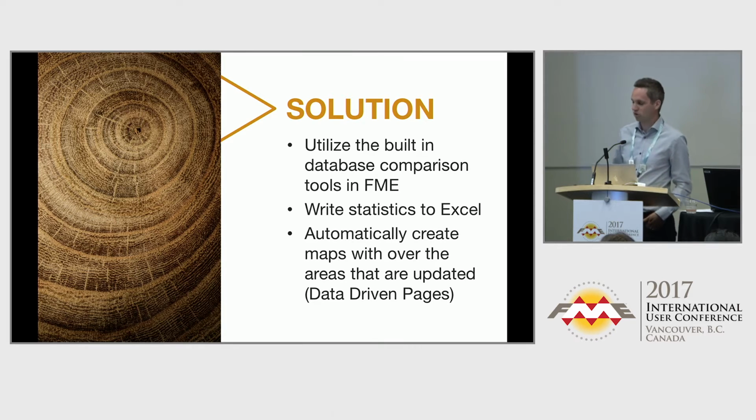So the way that I solved it, oh, sorry, I'm looking at one slide ahead here. I wanted to utilize the database comparison tools that are in FME to solve this. I wanted to write it out to Excel, so we have that as documentation together with our models. And I saw that we could actually use the data-driven pages to make maps out of all of these changes.